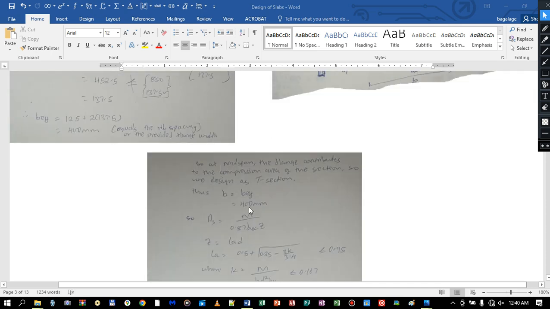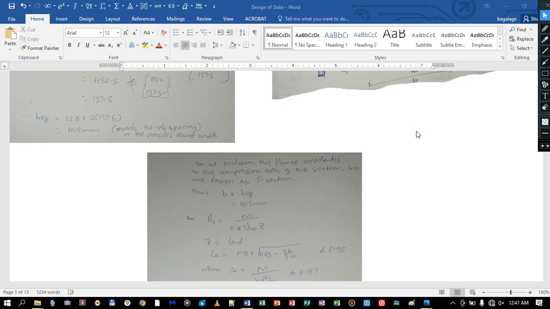The other point that you should note is that it is more economical to design a beam at mid-span as a T-section if it will be cast monolithically with a slab, like to be cast at once, which is always the case with these ribbed floors.